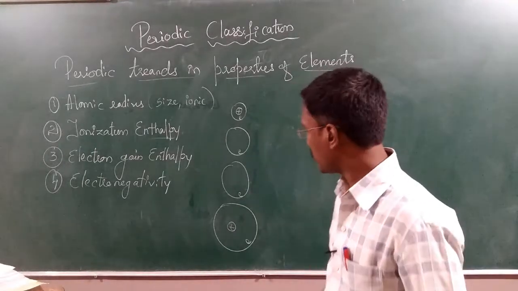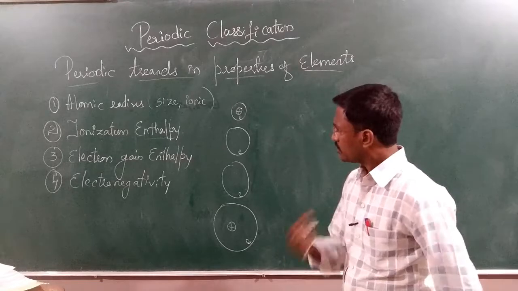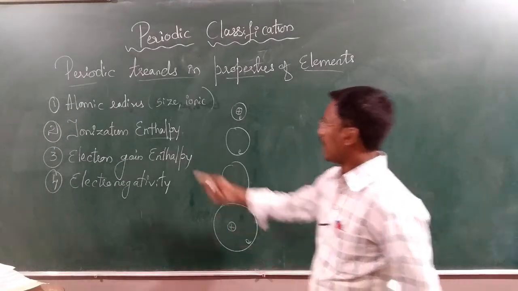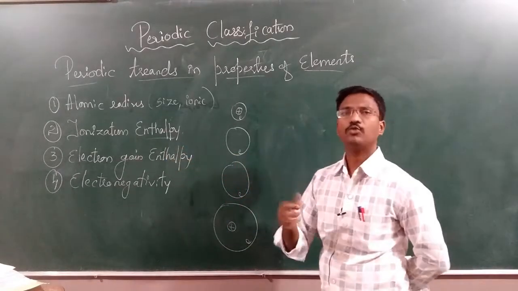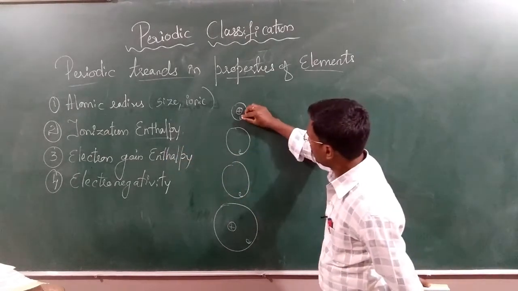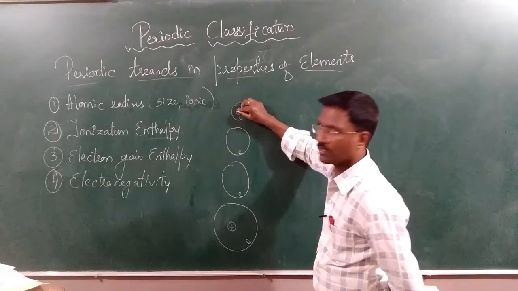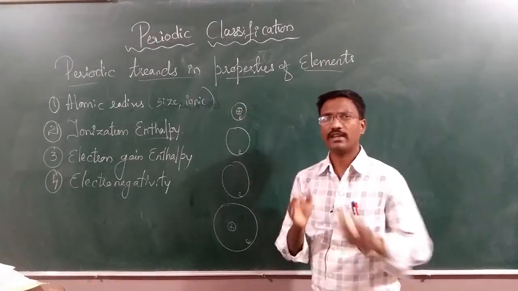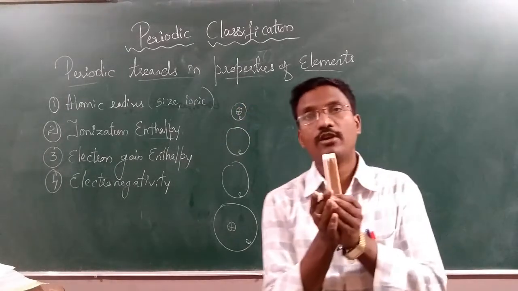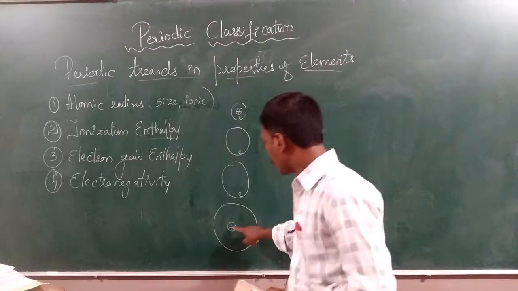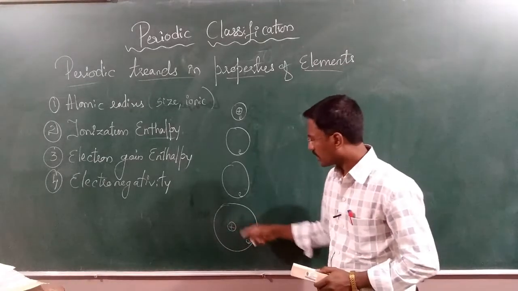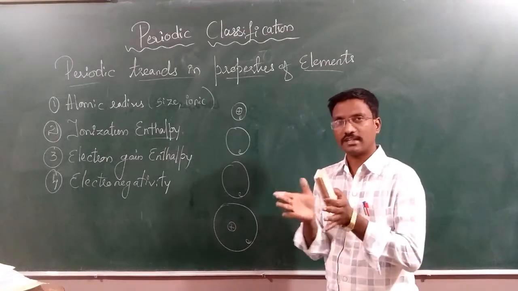For that reason, we say the atomic size is increasing. Ionization enthalpy means the energy required to remove the outermost electron. Here the electron is very near to the nucleus, so positive and negative charges are very near, strongly bonded to each other. And here, the proton and outermost electron have a greater distance.